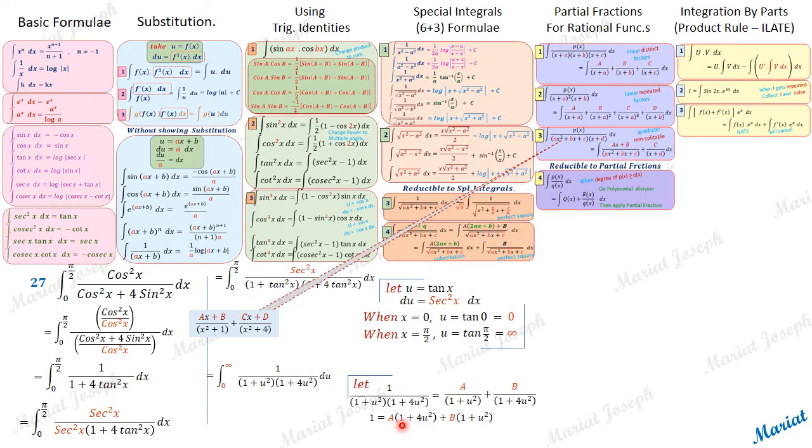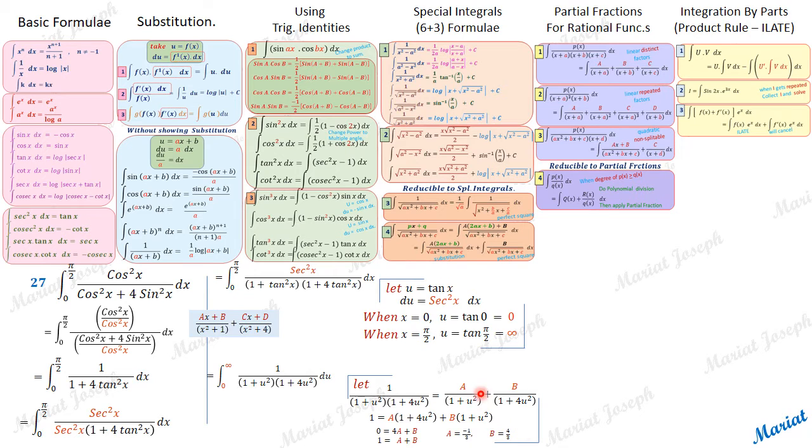So 4a plus b should be equal to the coefficient of u square on the LHS, which is 0. So 0 equals 4a plus b. Now equating the constant term, a plus b should be equal to 1 because the left side constant term is 1. Solving for a and b from these two equations, we get a is equal to minus 1 by 3 and b is equal to 4 by 3.